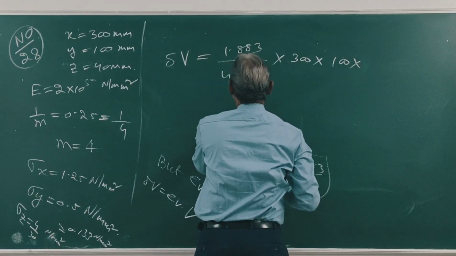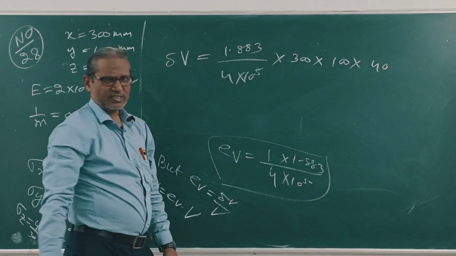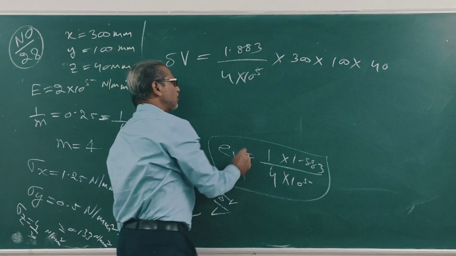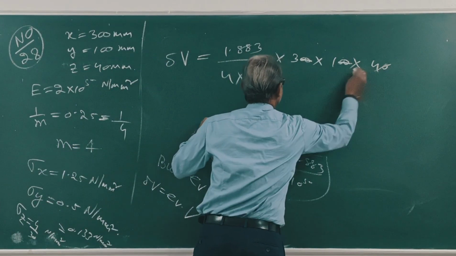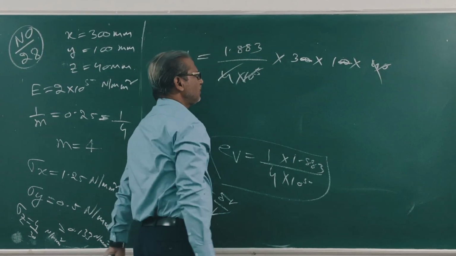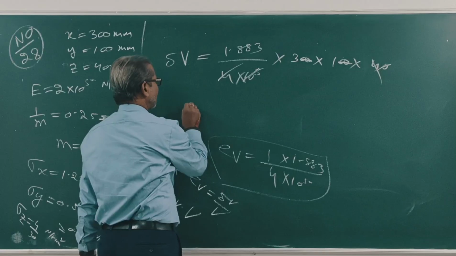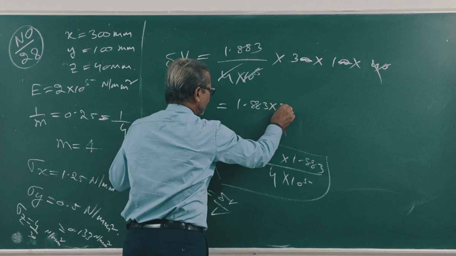Z 40. This is change in volume, delta V. Now 3, 2 to 4, 1 cancels out. 4 cancels out. Clear? So delta V is equal to 1.883 into 3 mm.